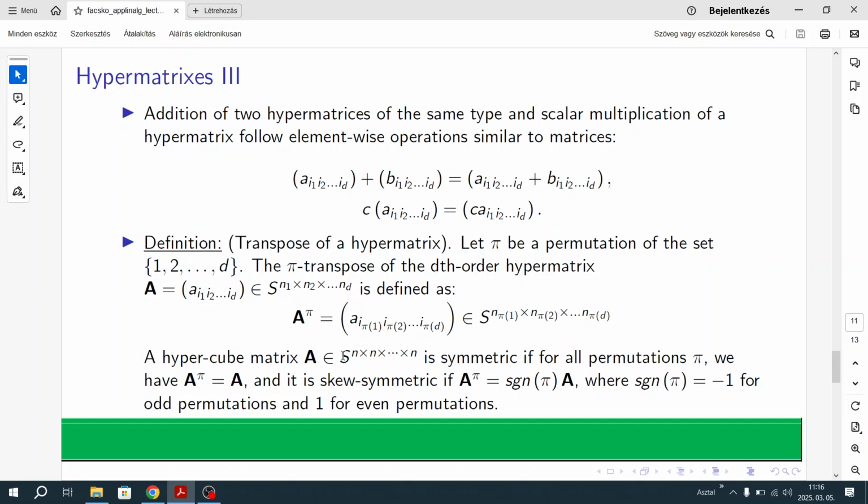There is another definition for symmetry. You have a hypermatrix. You do this operation, and you get this. And if you get the same matrix, then the matrix is symmetric. If you get not this one, but that's funny, -1, then it's skew symmetric.